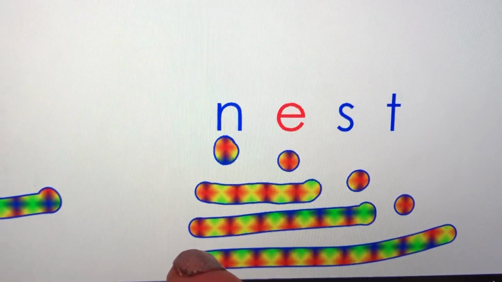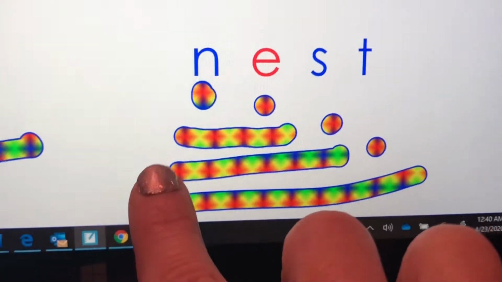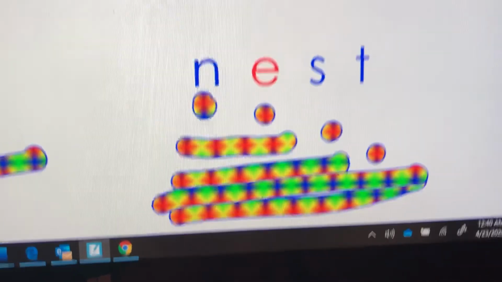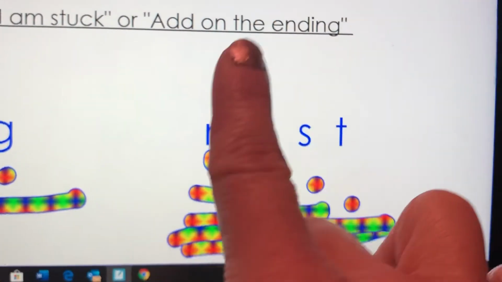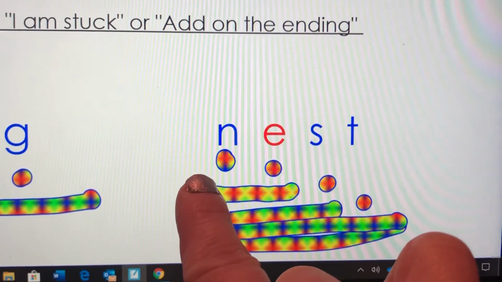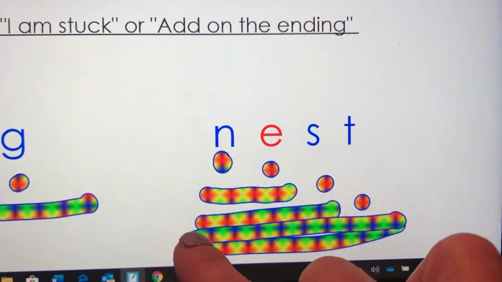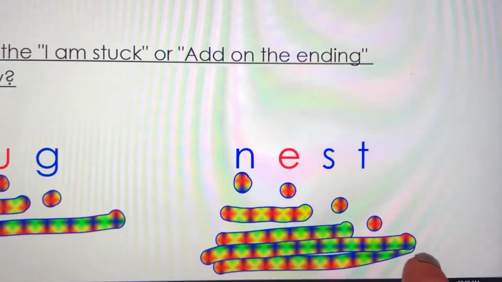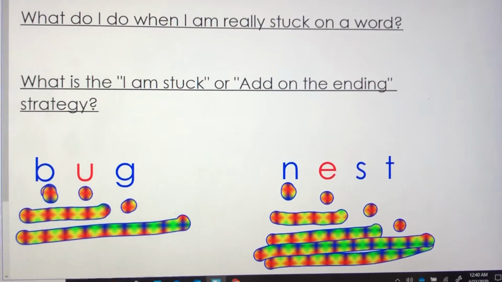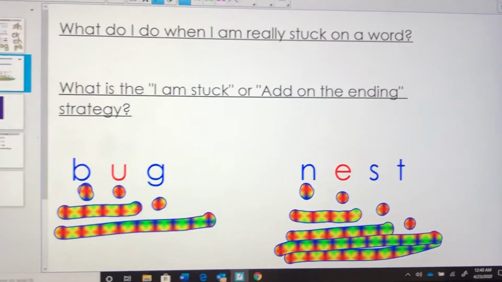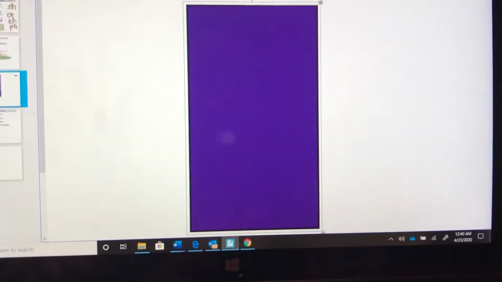Now say it even faster. Nest. Okay, so sometimes there's actually another line there, another step. So n, e, ne, s, nest, nest. And sometimes you have to say it again to hear yourself to figure out, oh, I know that word, it's nest. Okay, so let's try some more.